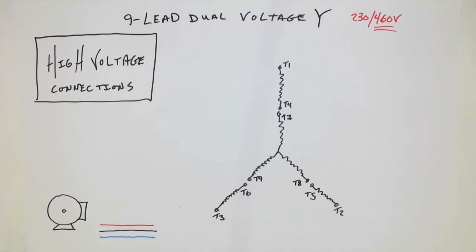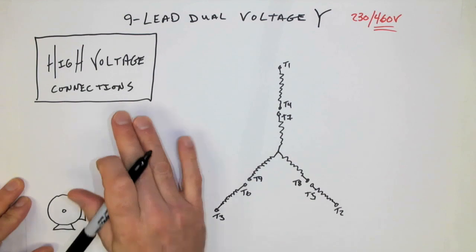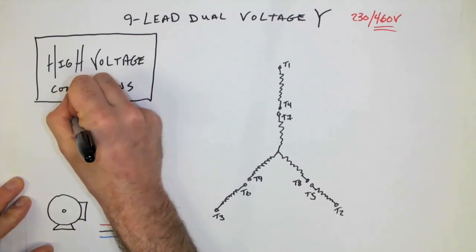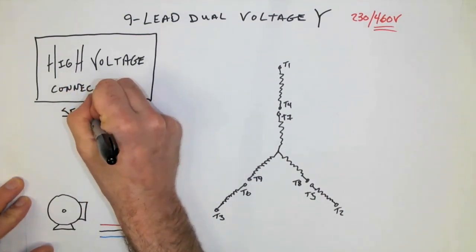Now this is going to be connected for a high voltage connection, and we can see at the top it says 234/60, so this means it would be the connection for the 460 voltage. Now, in order for me to do this, I have a choice always. I can connect the windings that I see in front of me in series or parallel. When we have a high voltage connection, the standard is always to connect the windings in series.